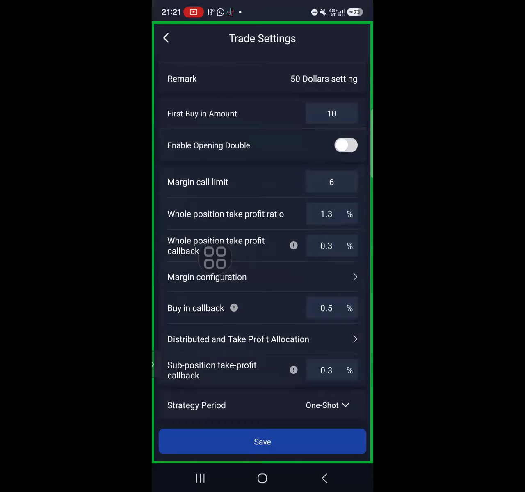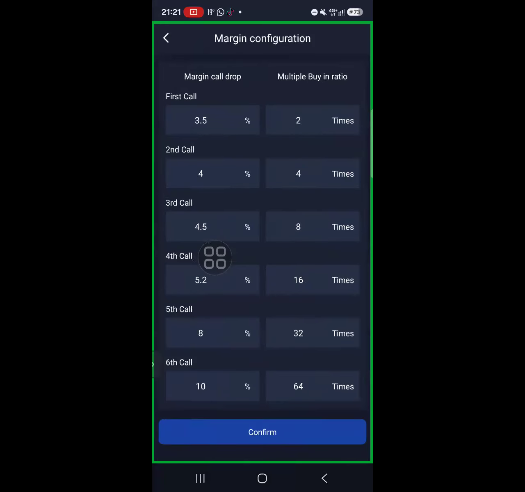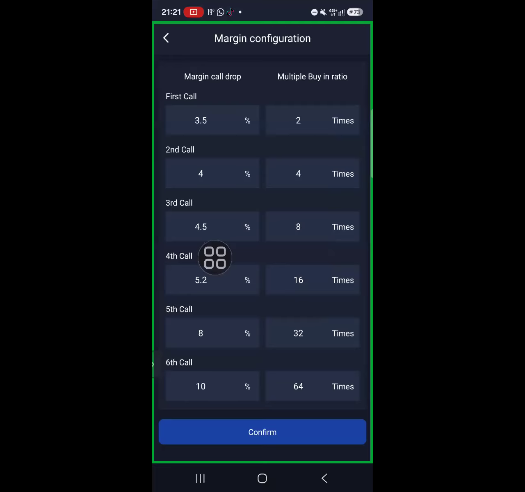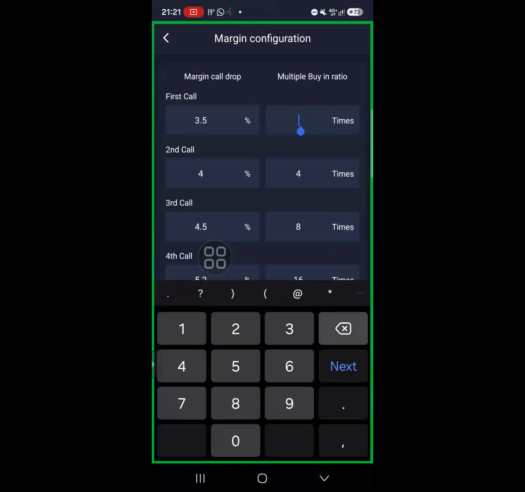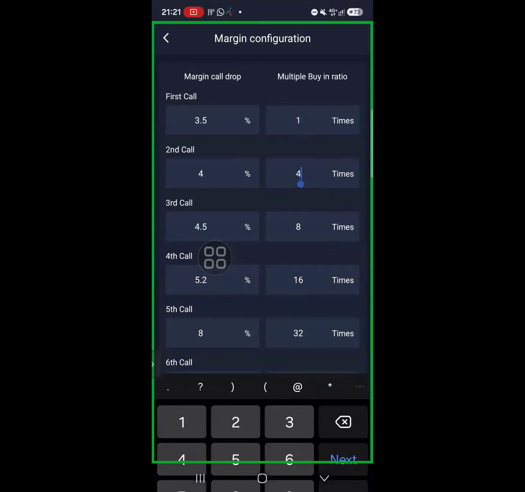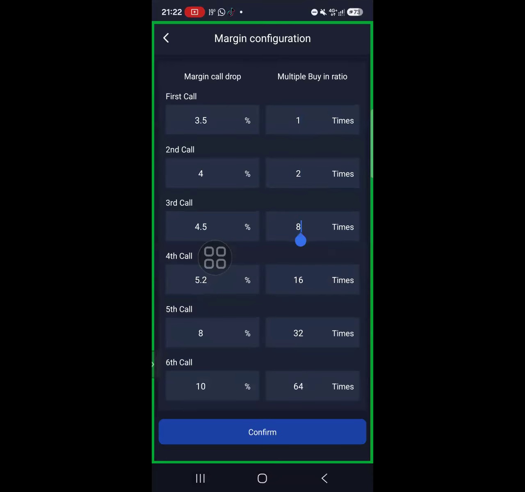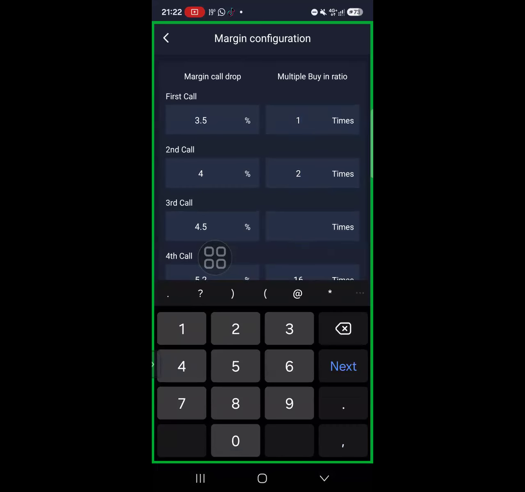Now, let's come here and do some changes. When the price drops first time, let the robot buy one time. When the price drops again, let the robot buy, let's say 2. Let's put it 2 here. 2 times. When the price drops again, let the robot buy 2.5.